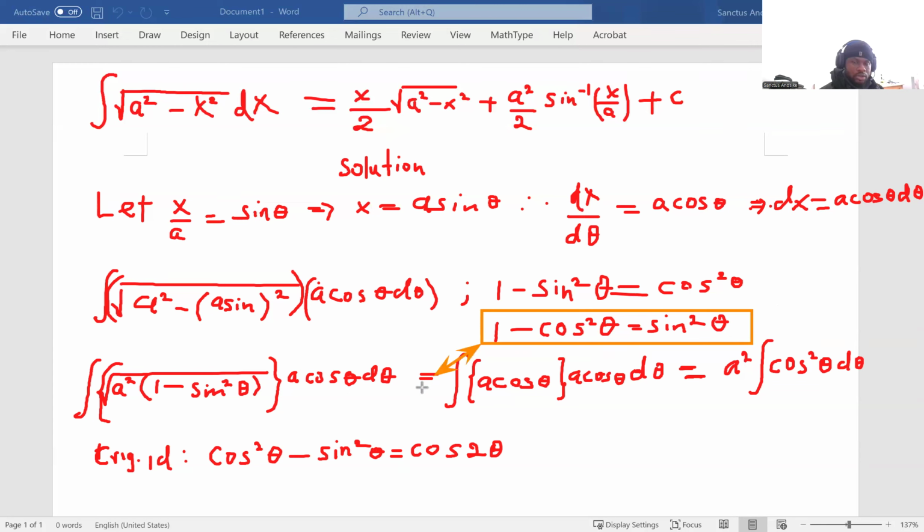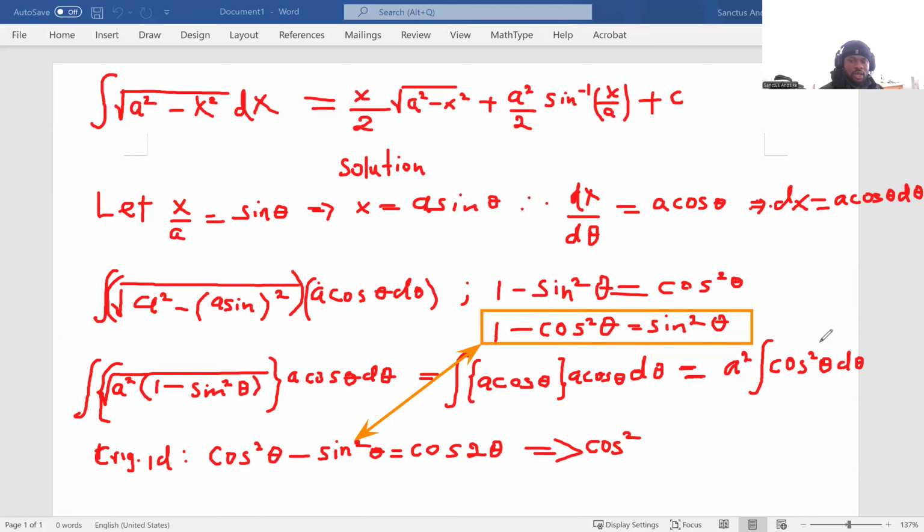Then substitute it here. Rather here. No, here. I'm going to substitute here. So if I do that, I'm going to get that this implies that cos, our aim is to make cos square theta subject of the formula.